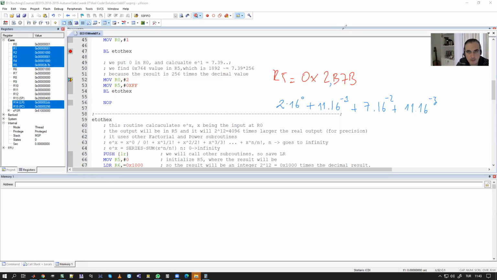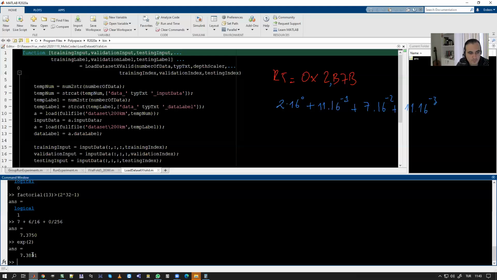Let's make MATLAB calculate this, guys. 2 plus 11 over 16 plus 7 over 256 plus 11 over 16 to the power 3. So I've got this number, exponent 1, but better. So if you increase the decimal precision, you get better results.